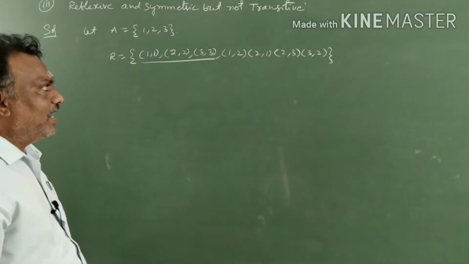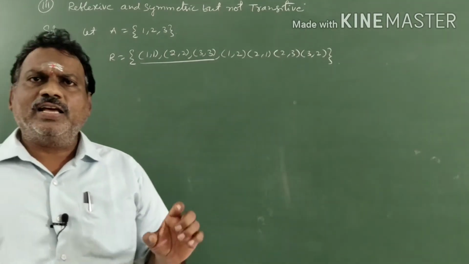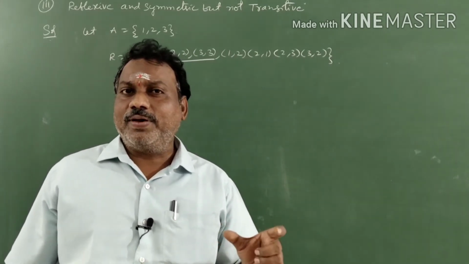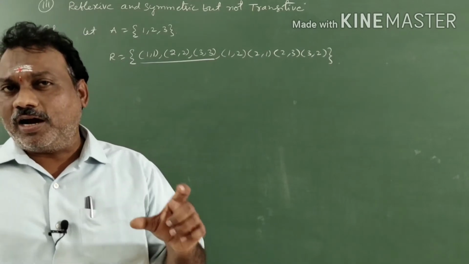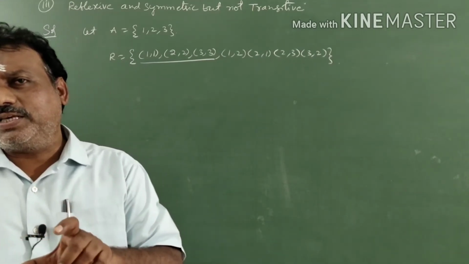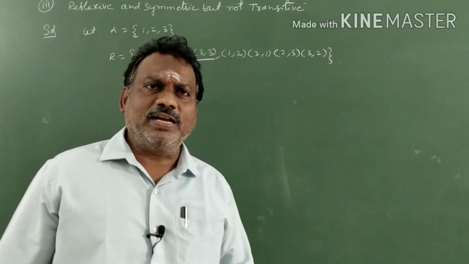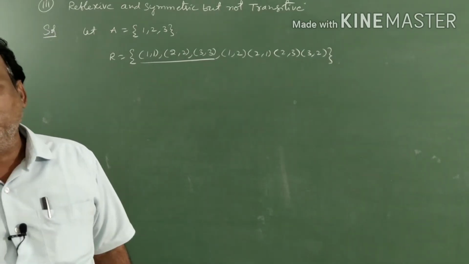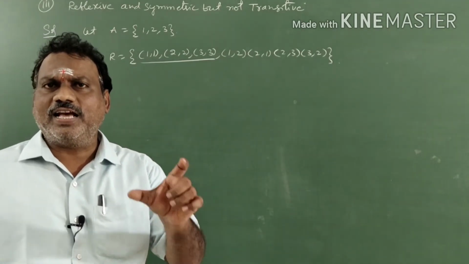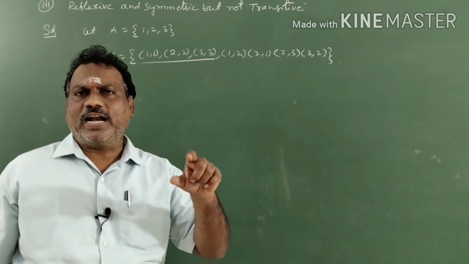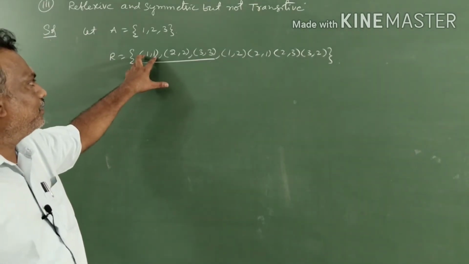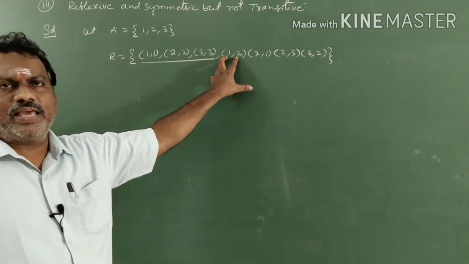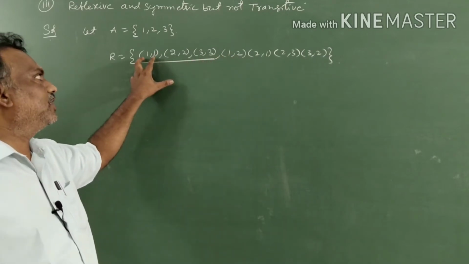Now they told it is not transitive. We have to check that. Transitive means, you know the definition, if the ordered pair (a,b) and ordered pair (b,c) both are present in that relation, the ordered pair (a,c) also exists, then only it is called transitive. If one ordered pair of such kind does not exist, we don't call it transitive. For example, (1,1) is (a,b), (1,2) is (b,c), (a,c) is (1,2), so transitive exists for this pair.